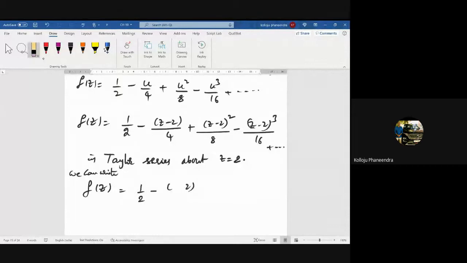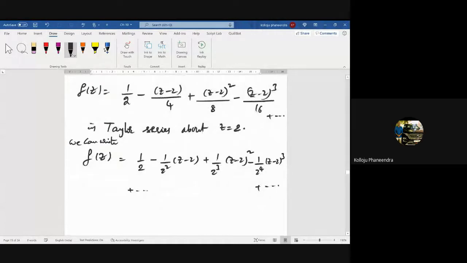I will write like this because I need the nth term: 1 by 2 minus 1 by 2 square into z minus 2, plus 1 by 2 cube into z minus 2 whole square, minus 1 by 2 power 4 into z minus 2 whole cube and so on. For the nth term, the first term has 2 power 1, the second 2 power 2, the third 2 power 3.